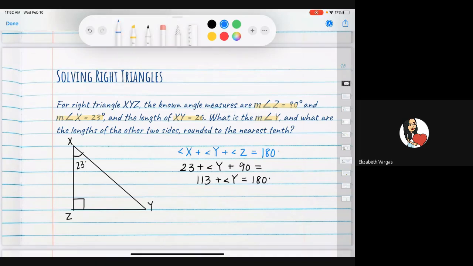So I want to subtract on both sides to isolate my Y. And thus, we know that angle Y is equal to 67 degrees. So that's how I go about solving that first part of the problem, which asks, what is the measure of angle Y? Does anyone have any questions on how I found the measure of angle Y?